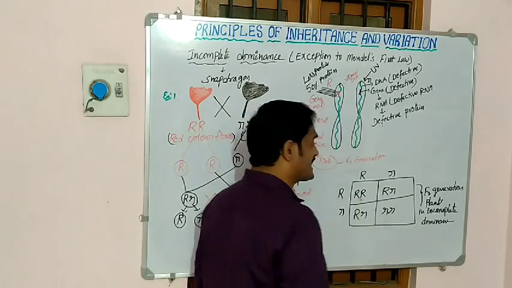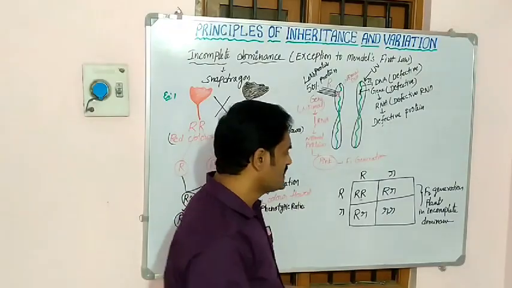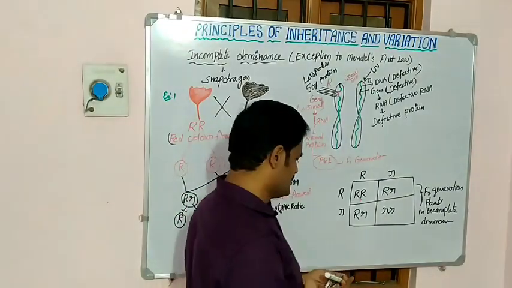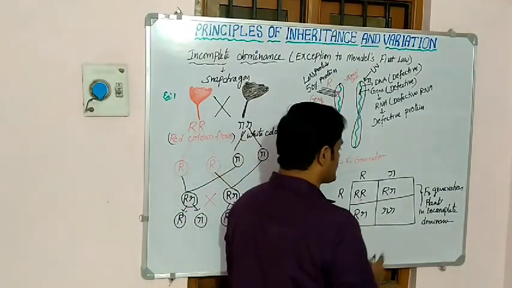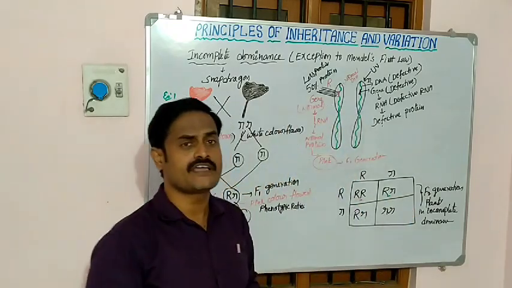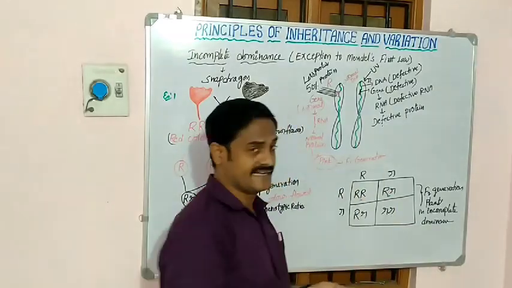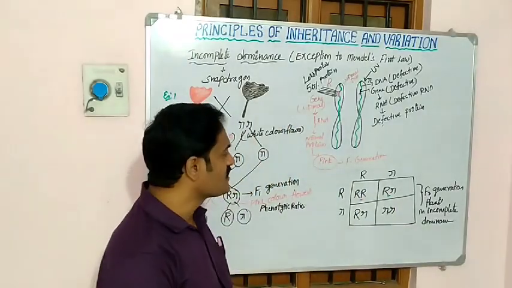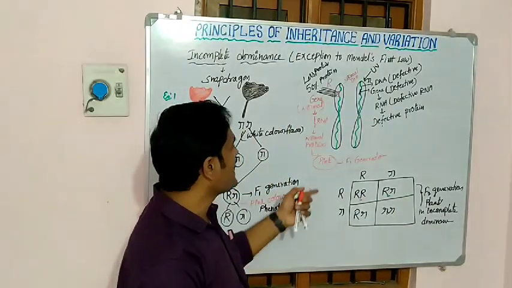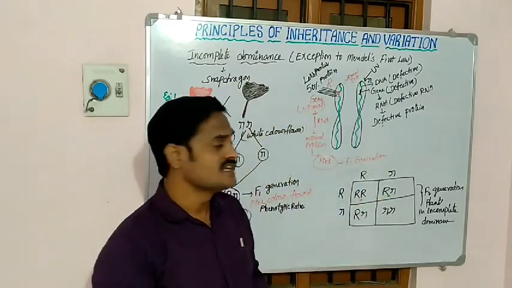It is a red color flower. Both are dominant. Then coming to here, capital R and small r indicates which type of flower? It is not red color. Why is it not red color? Already I explained here. It is a pink color flower.